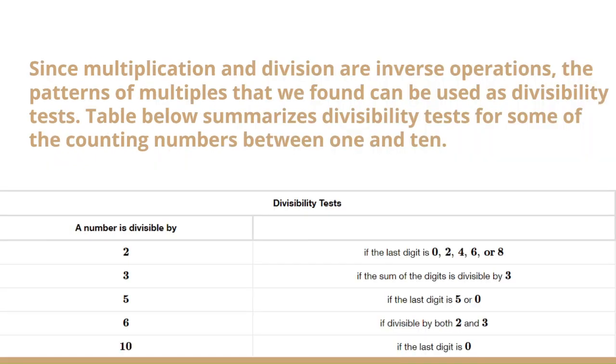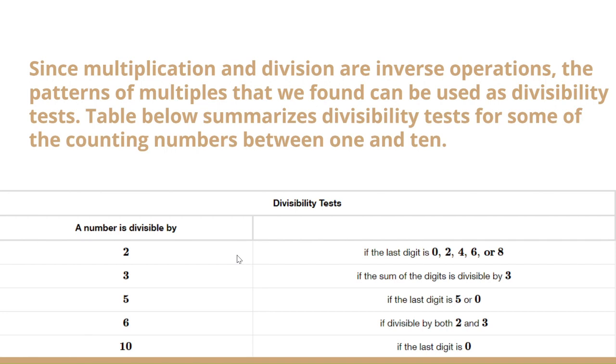Since multiplication and division are inverse operations, the patterns of multiples that we found can be used as divisibility tests. The table below summarizes divisibility tests for some of the counting numbers between 1 and 10. A number is divisible by 2 if the last digit is 0, 2, 4, 6, or 8.